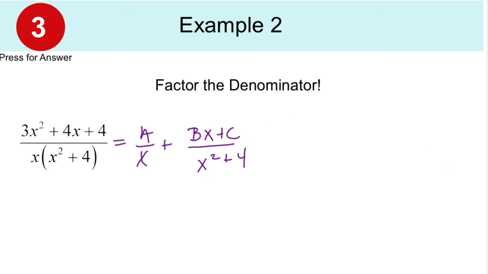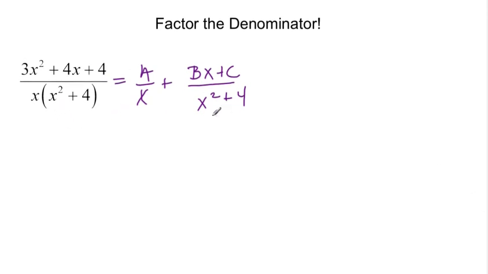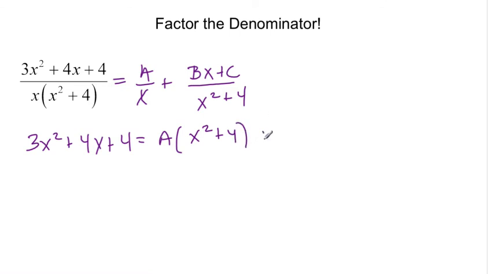Now I am ready to solve for A, B, and C. So we are going to multiply this whole thing through by x times the quantity x squared plus 4, and when you do that, you get 3x squared plus 4x plus 4 is equal to A times x squared plus 4 plus Bx plus C times x. So we're going to multiply through, and then again we're going to be able to equate our coefficients with the proper expressions.